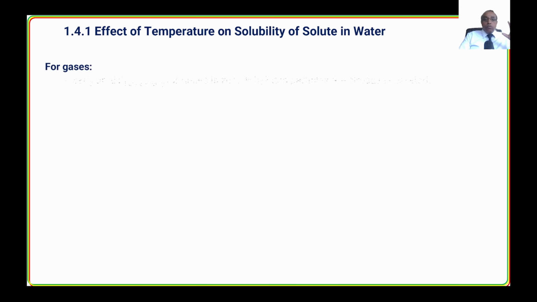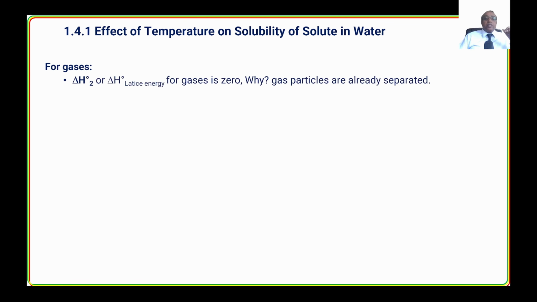In general, for gaseous solids, if you remember, the gas particles are very far apart. Because of this reason, ΔH2, which is the energy required to separate solid-solid interaction, is 0 for gases because the particles are very far apart. This part is 0, meaning the enthalpy of lattice is 0. Because of this, the enthalpy of solution for gases is exothermic.